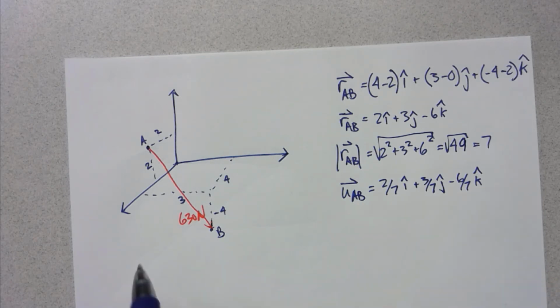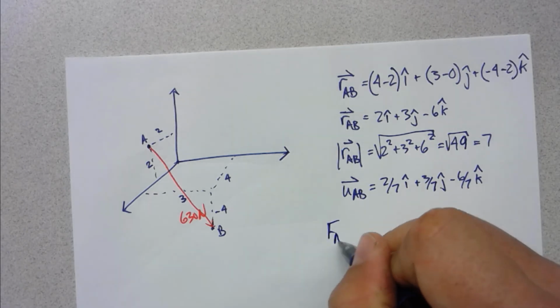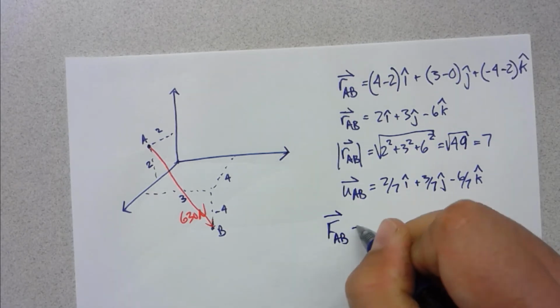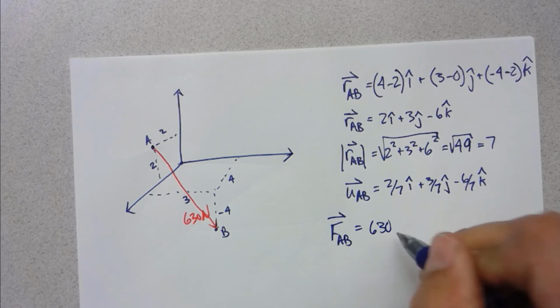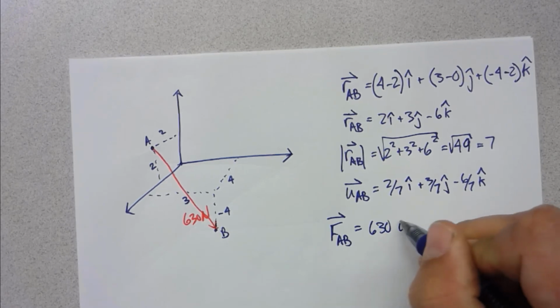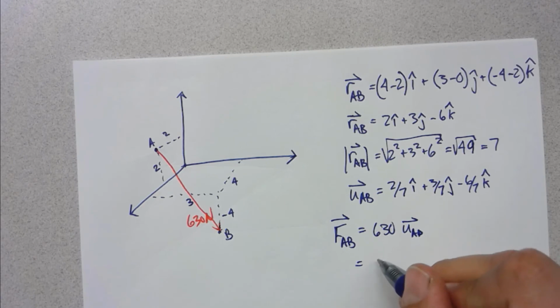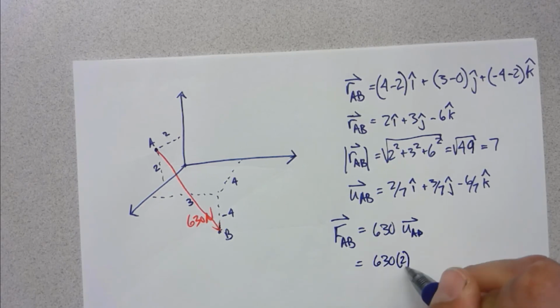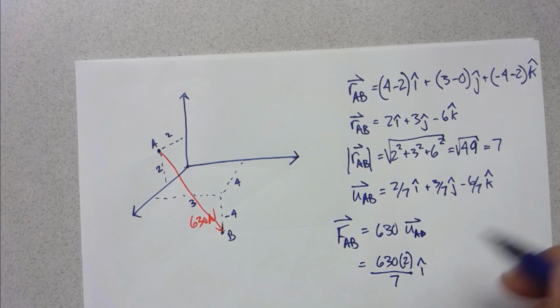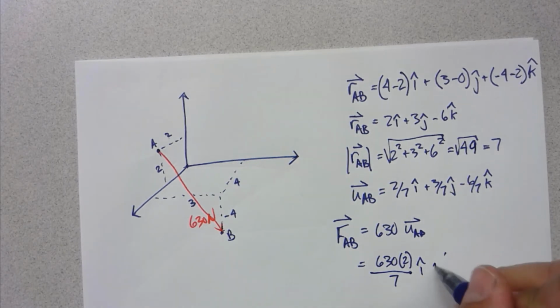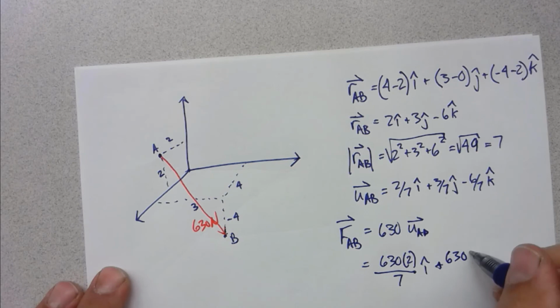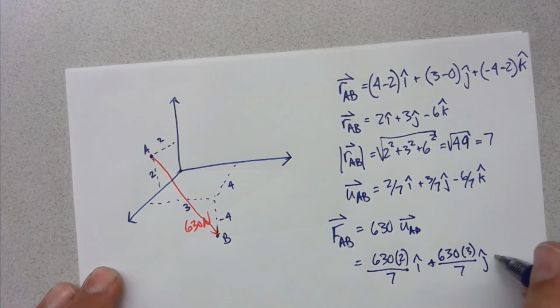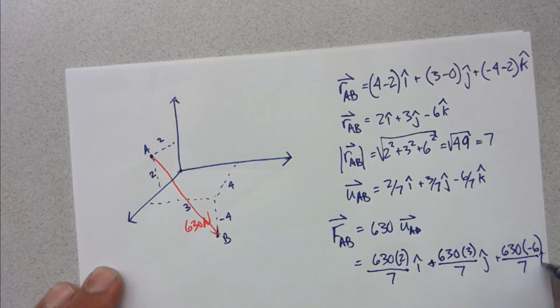So if I want the force vector, FAB is going to be 630 times the unit vector AB, or 630 times 2 over 7 i hat plus 630 times 3 over 7 j hat plus 630 times negative 6 over 7 k hat.